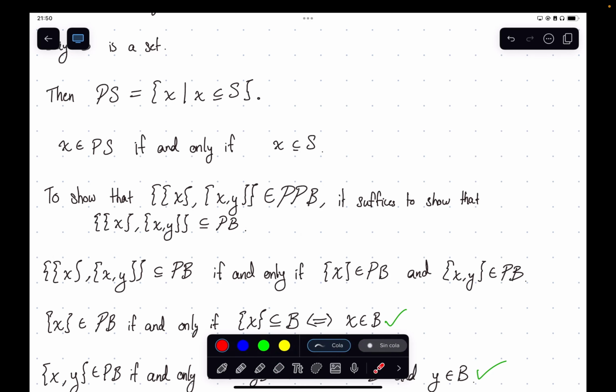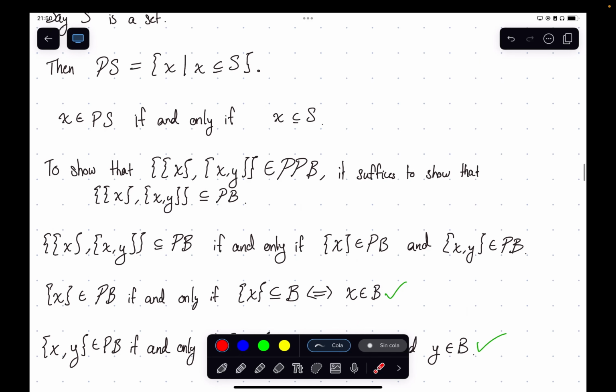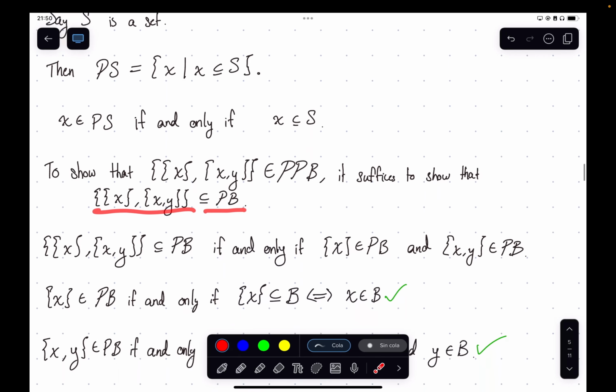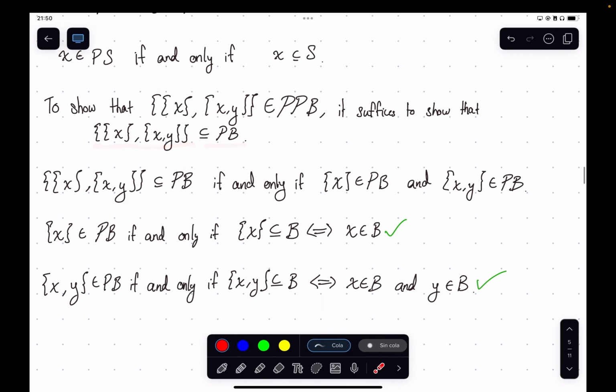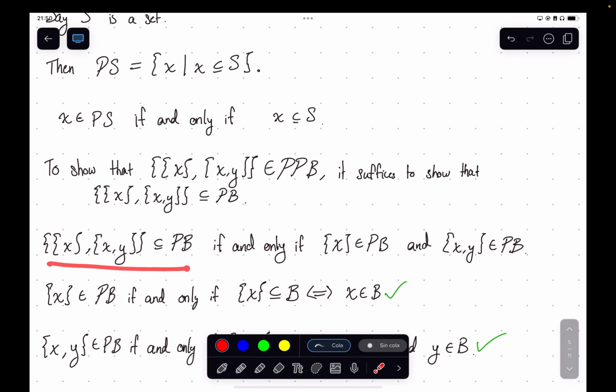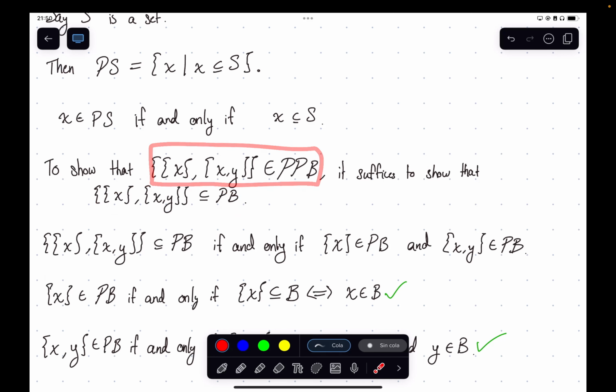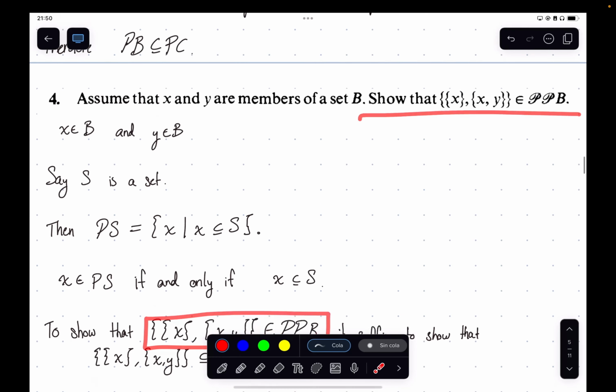I might re-record this if it warrants it, but it's a pretty simple exercise, and if you've stuck with it to this point, you'll see the mistake. To show that this is in this set, it suffices to show that this here is a subset of the power set of B. So we show that this is true, and that means that this right here is true, which is what we wanted to show in the first place.